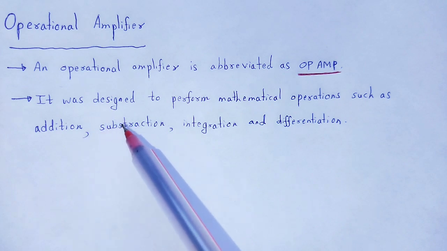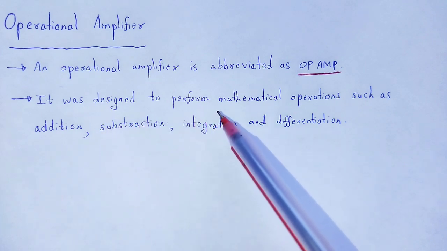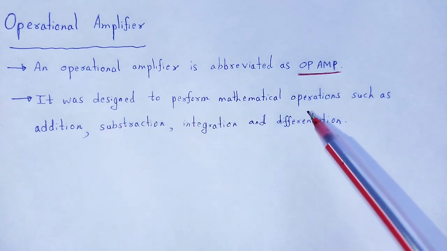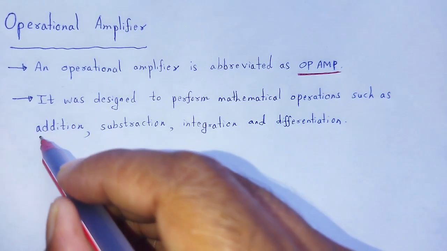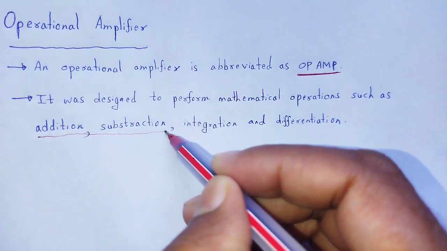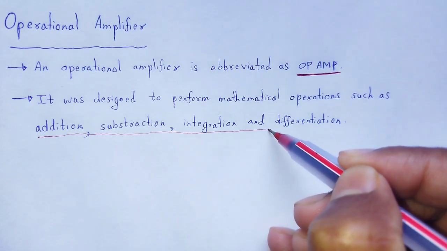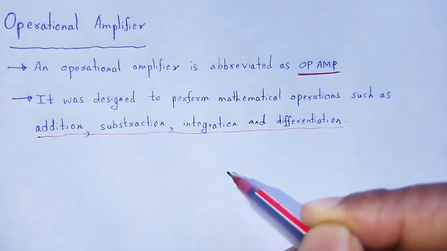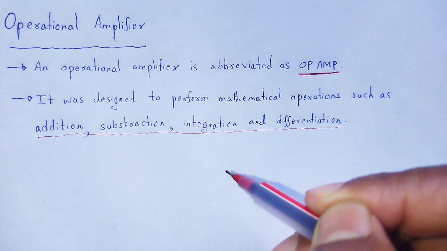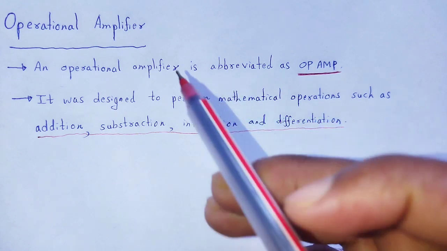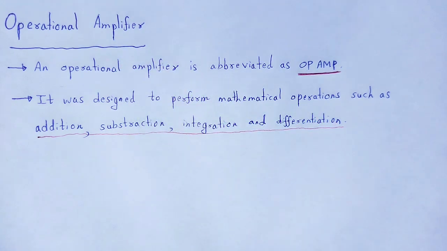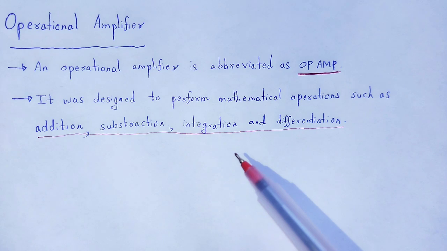It was designed to perform mathematical operations such as addition, subtraction, integration and differentiation. These mathematical operations are performed by the operational amplifier, and they are important in analog computers.